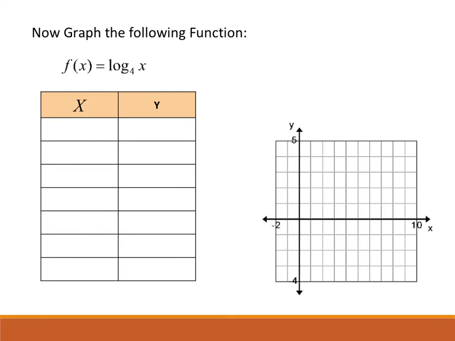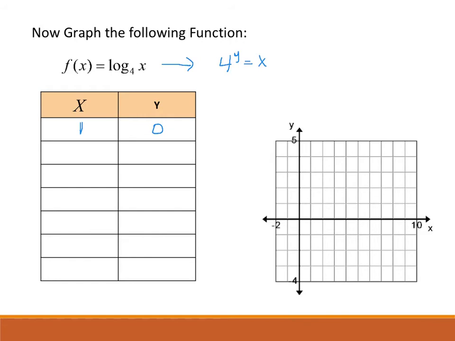So now we're going to look at the following function. F of x is equal to log base 4 of x, and we can rewrite this in the exponential form as 4 raised to the y power is equal to x, to get us a better feel for how to pick x. When we pick x as 1, we get y equal to 0.